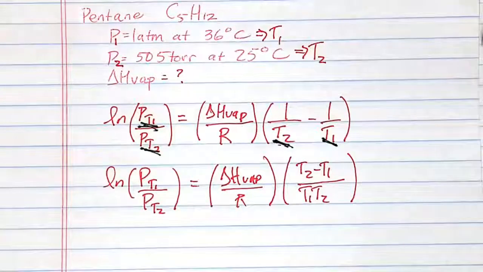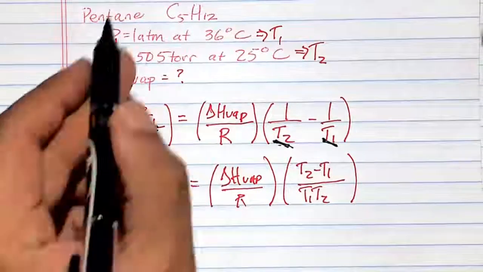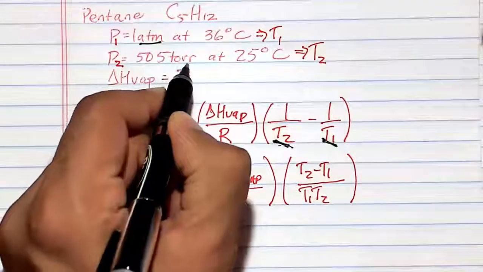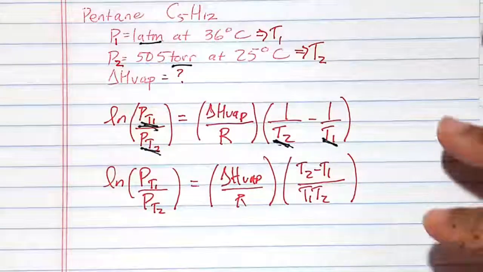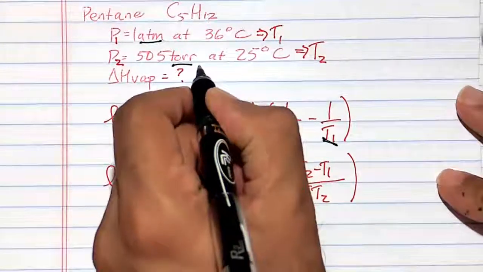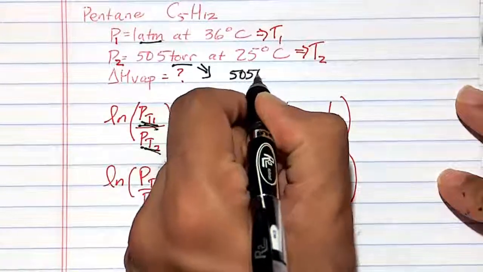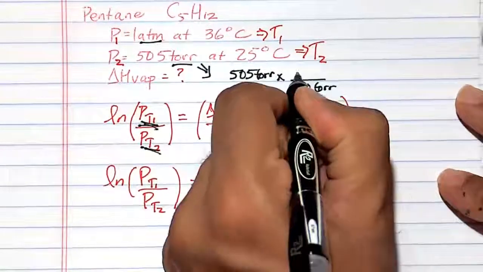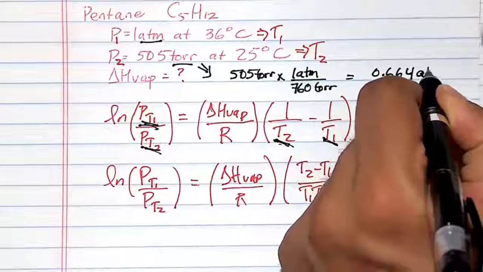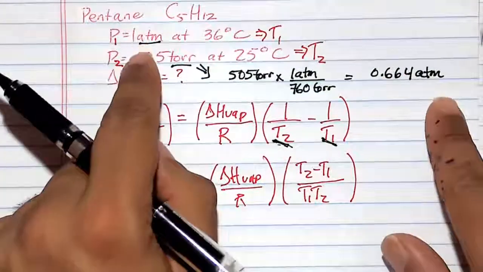So let's go ahead and plug our values in. We have one pressure in atmospheres and the other in torr, so we're going to have to change them. I'll change them to torr here. We know that there are 760 torr in 1 atmosphere, and we have a common unit.